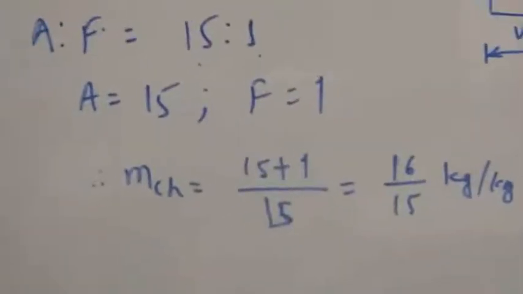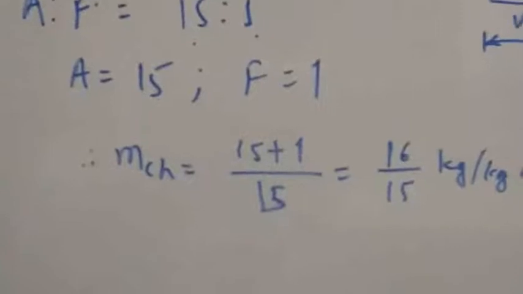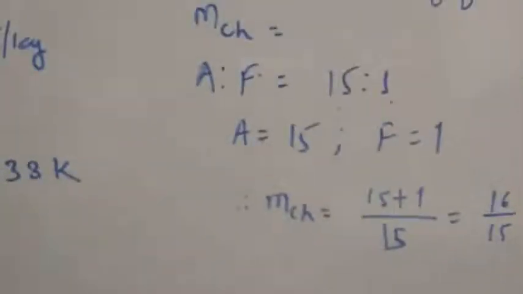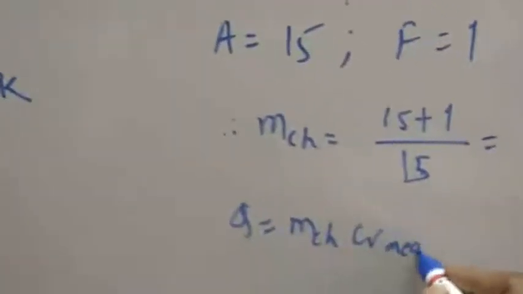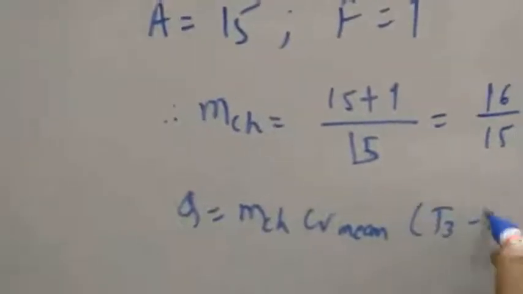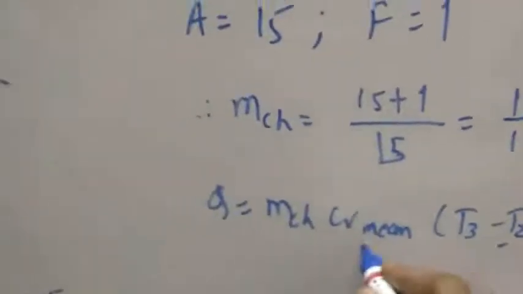Now in this particular equation, Q is equal to MCH into CV mean into T3 minus T2. So this is directly given, this we have calculated.